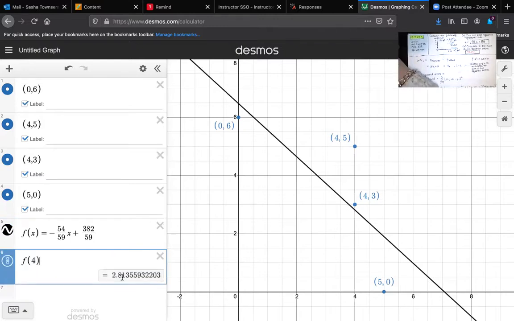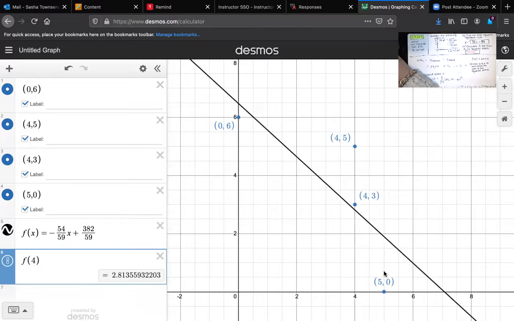So f of 4 is approximately 2.8135. So the error here is the difference between this y value of 5 and the y value on the line, 2.8135. So I'm taking the predicted y value of approximately 2.8135 and subtracting 5. That's an error. And then we're also going to take the predicted y value and subtract the y value of this point, 3. And we're going to take those errors and square them.